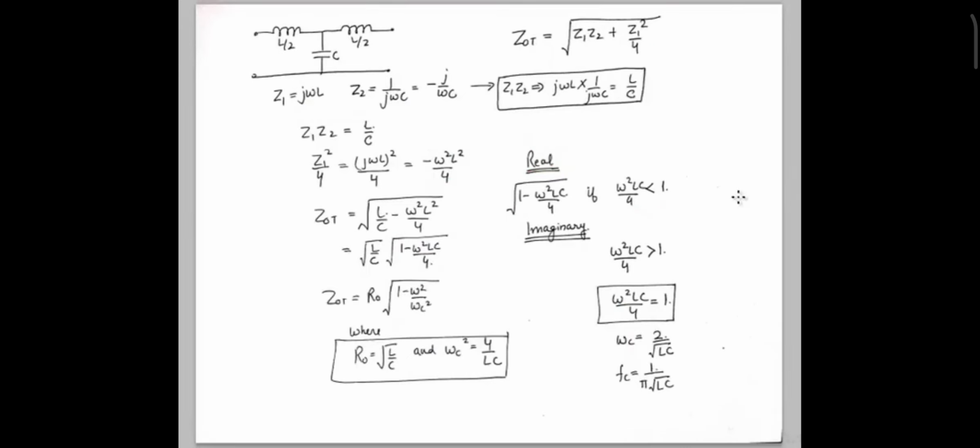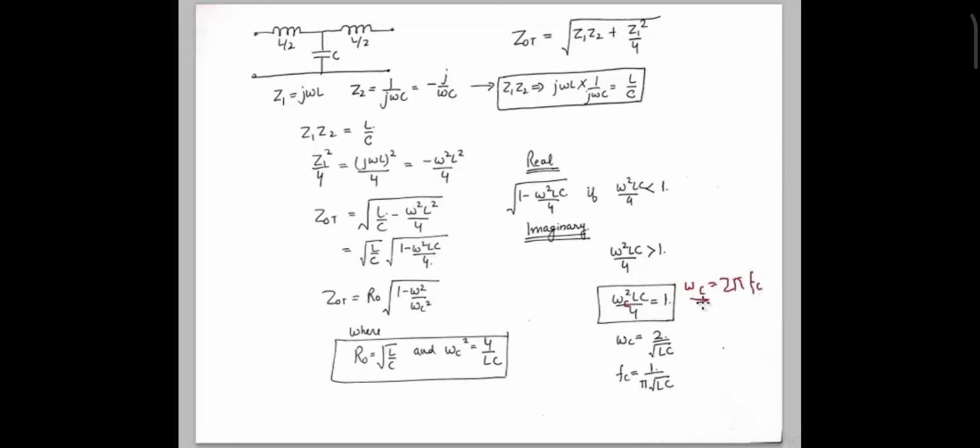So what you can do is you can simply substitute this omega as omega c, and this LC goes here, and you take under root of that, and omega is 2 pi fc. Omega c is 2 pi fc.